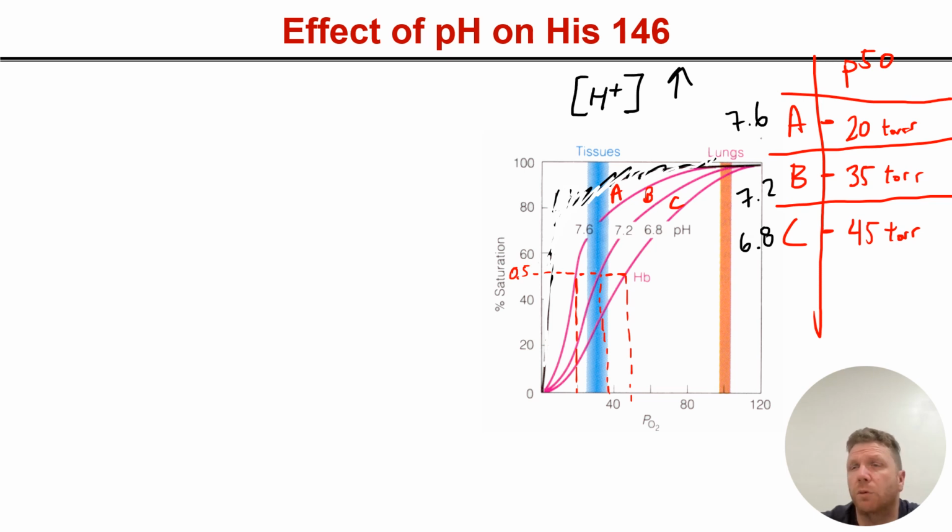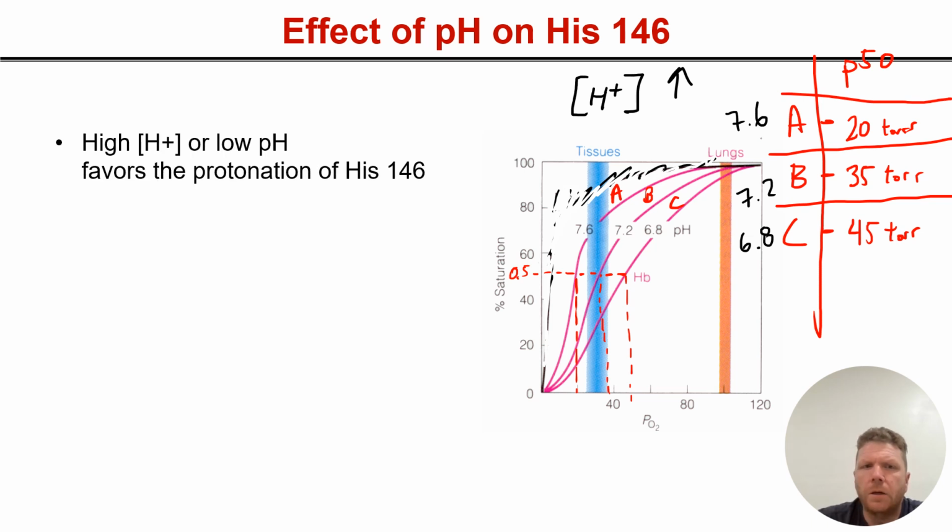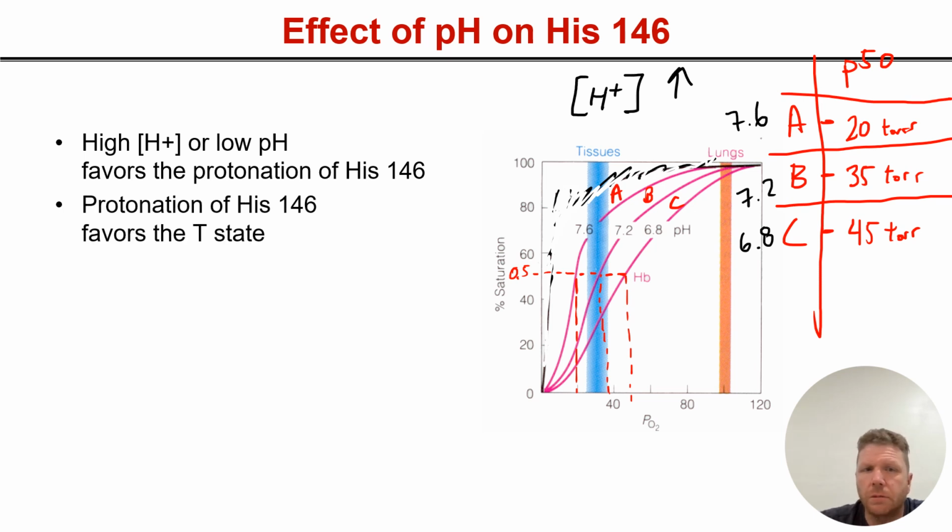Okay, so in a more acidic environment, what does that mean? That means we've got a greater likelihood of a histidine being protonated. So at a lower pH, our protein is more than likely protonated. So high hydrogen ion concentration or a low pH favors the protonation of histidine 146. Protonation of histidine 146 favors the T state.